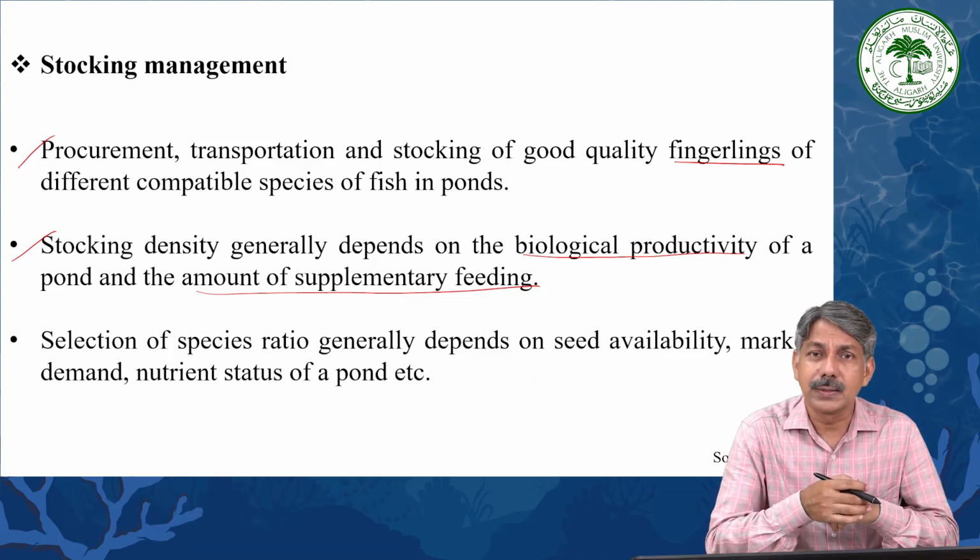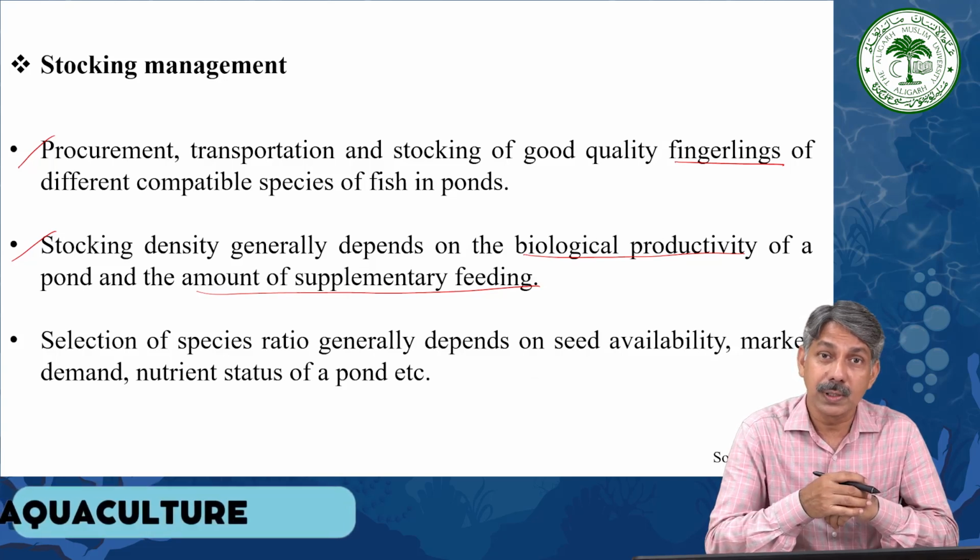In fact, you can keep only that number of fishes which may be kept in the water body where you are intending to culture properly, where you can provide them food in addition to live food or natural food which is available in the pond.